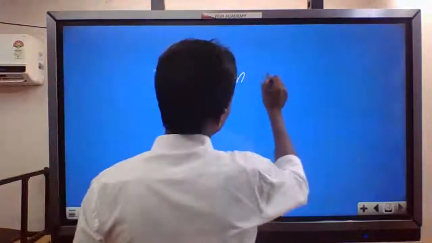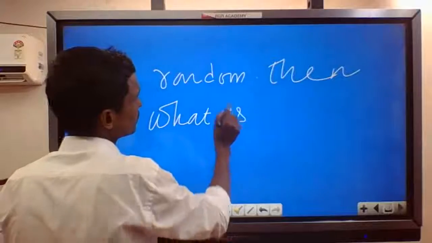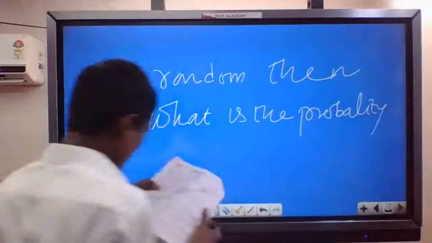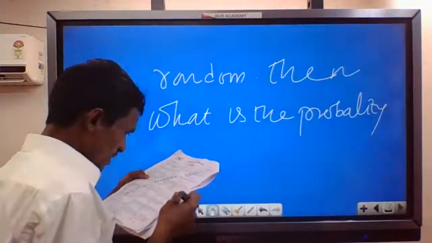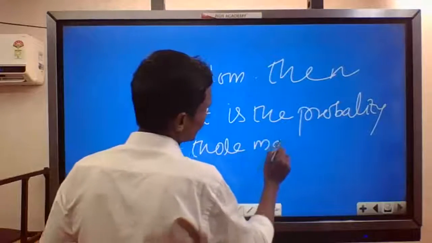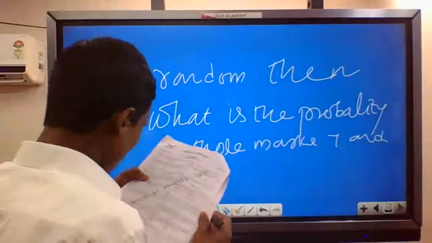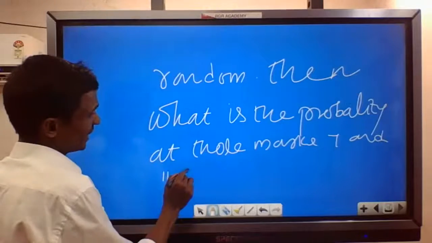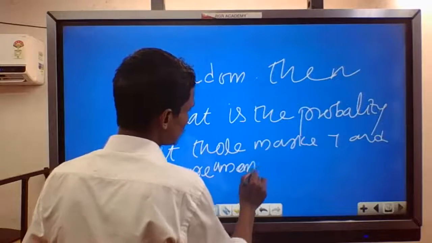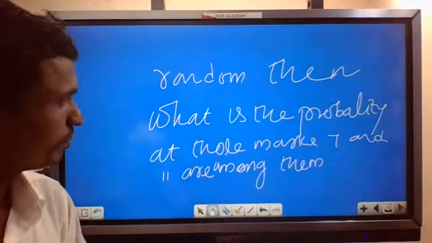Then what is the probability that those marked 7 and 11 are among them?